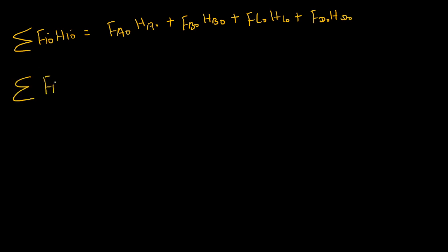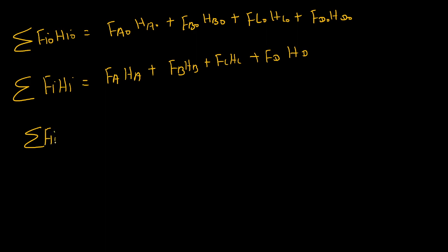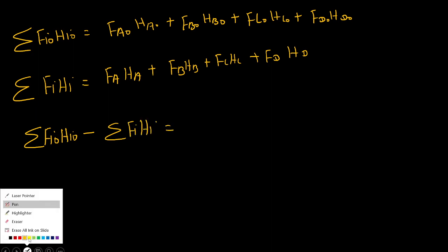When I talk about FiHi, can I write FaHa plus FbHb plus FcHc plus FdHd, right? Second thing is, what will happen here? So summation of Fi naught Hi naught minus summation of FiHi. What can I write here?